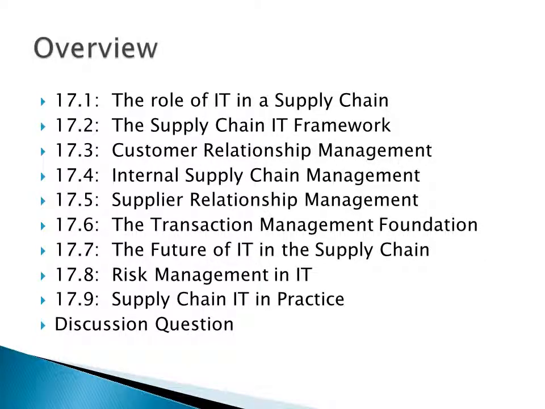Just as an overview, we'll go over each section. 17.1, the role of IT in the supply chain. 17.2, the supply chain IT framework. 17.3, customer relationship management. 17.4, internal supply chain management. 17.5, supplier relationship management. 17.6, the transaction management foundation. 17.7, the future of IT in the supply chain. 17.8, risk management in IT. And 17.9, supply chain IT in practice. And then we'll answer a discussion question at the end.